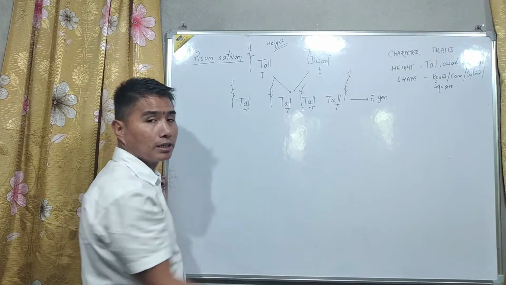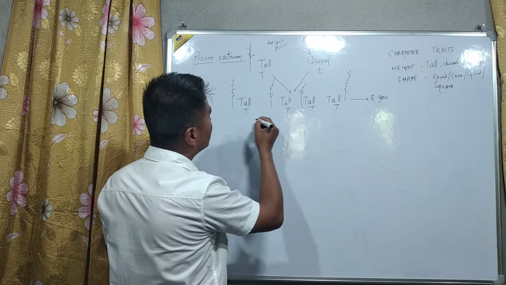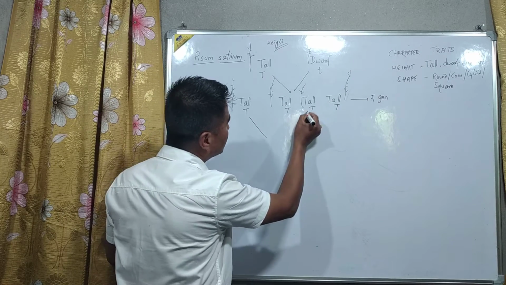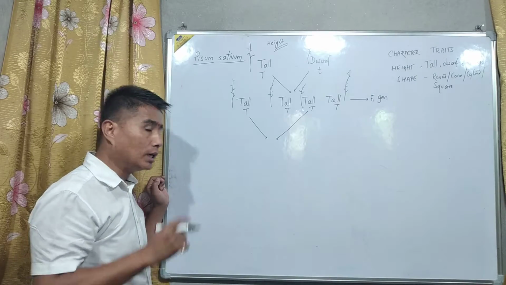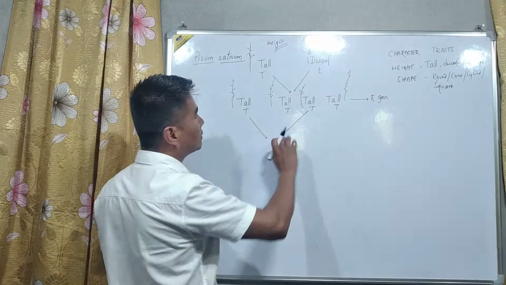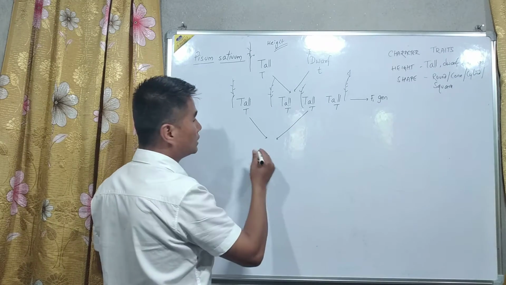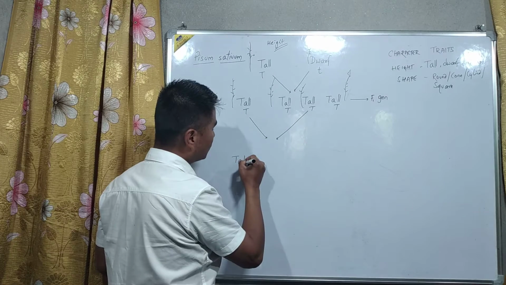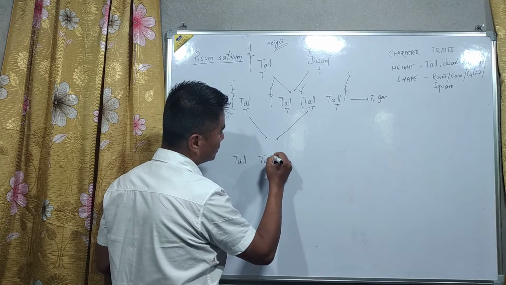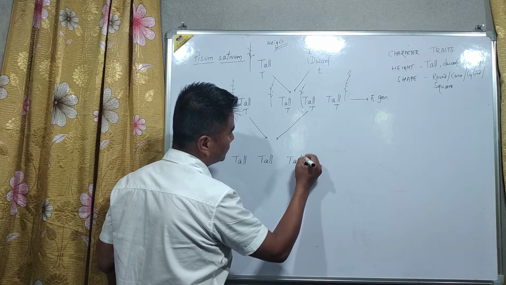In the F1 generation, Mendel again randomly crossed these two plants. When he crossed these two plants of the F1 generation, taking them as parents, as he was expecting, he found tall plants.